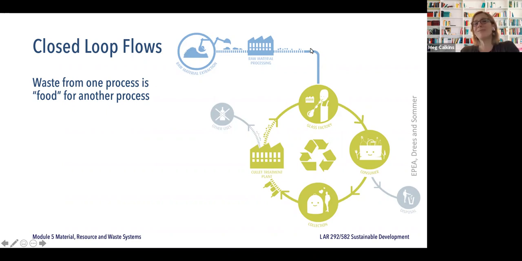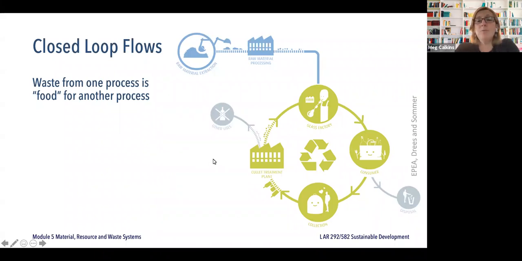Raw materials, of course, have to start the life cycle. But ideally, we wouldn't keep pumping raw materials into new glass bottles. We would keep recycling them. And there will be some things that are disposed of at each phase of this life cycle. But in an ideal world, we'll close this loop.